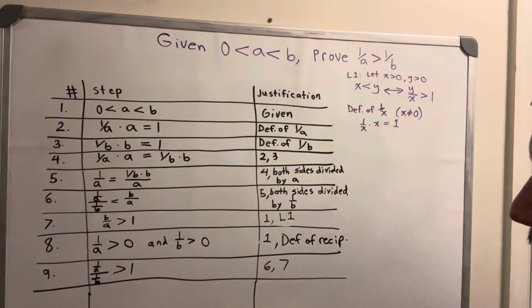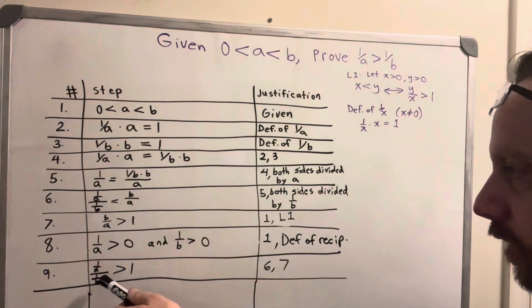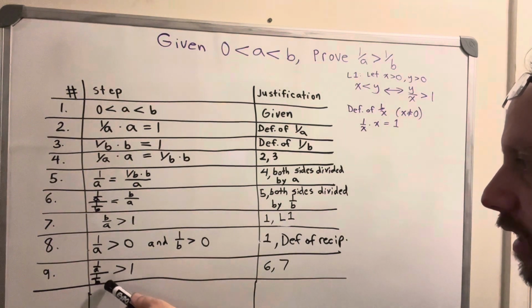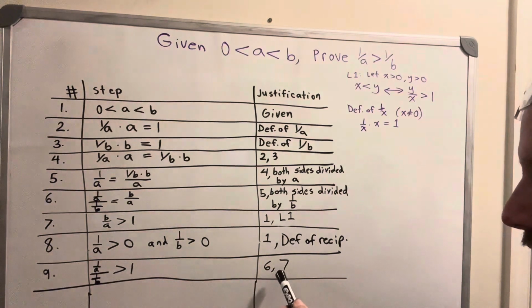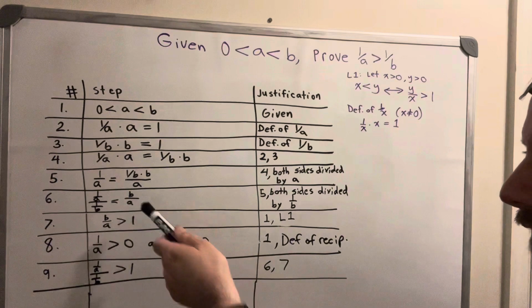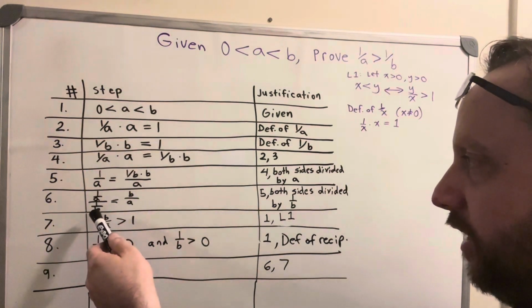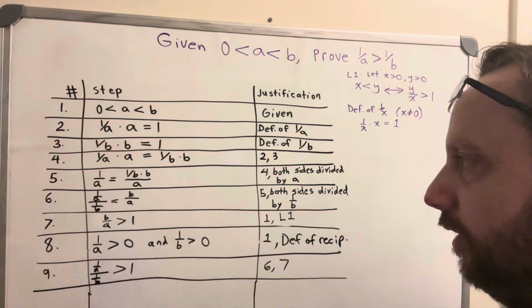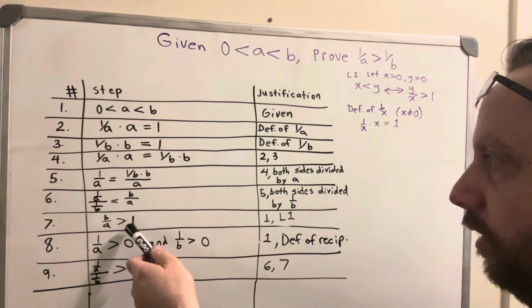On line 9 here, I have concluded that 1 over A over 1 over B is greater than 1, justified by lines 6 and 7, because on line 6, I'm saying that 1 over A over 1 over B is equal to B over A, and on line 7, B over A is greater than 1.